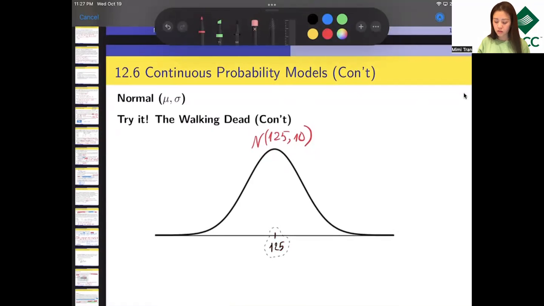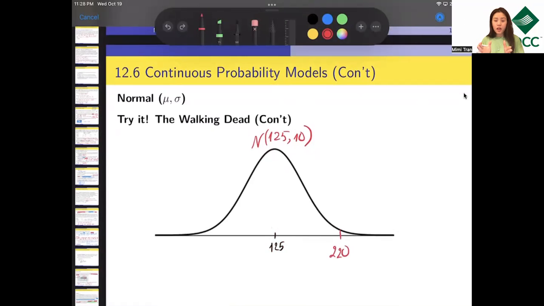Now, I want to know the probability that fewer than 220, I'll put it right there.